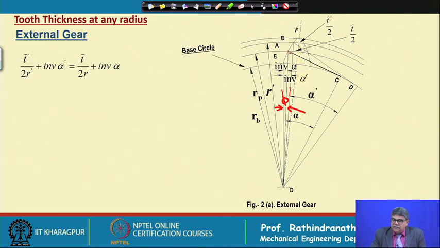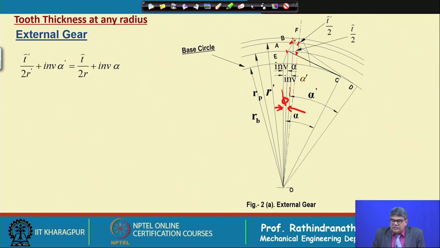And here we consider this distance, from this point to this point is arc t by 2, that is half tooth thickness at pitch circle, and from this point to this point is arc t dash by 2, that is half of the circular tooth thickness at that radius.